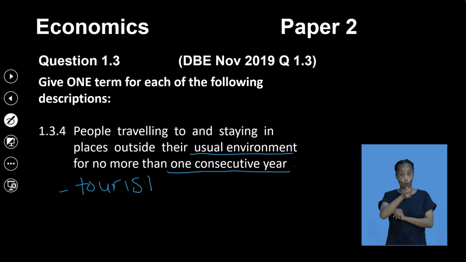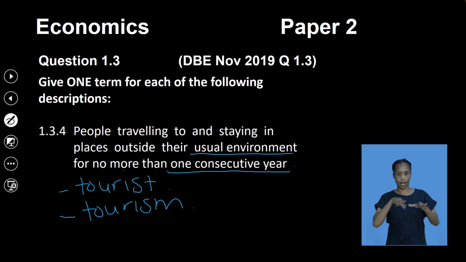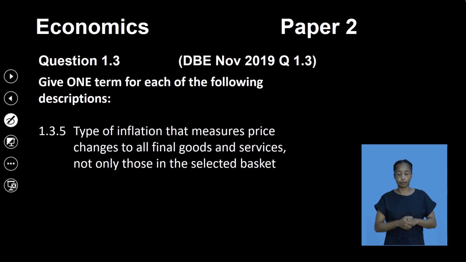Remember, when you are a tourist, you cannot exceed a year in a particular place. Or I would also accept tourism there. So when you say tourist or tourism, I would accept that one. This one was straightforward. The answer is tourist or tourism. Let's go to our fifth question.